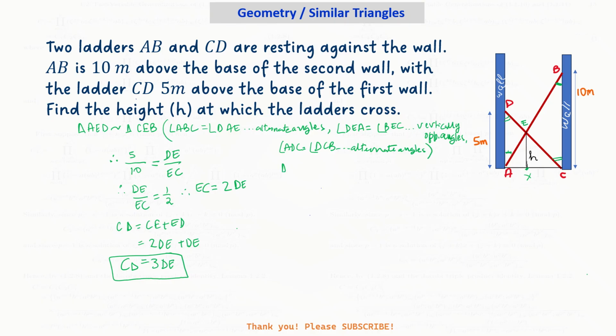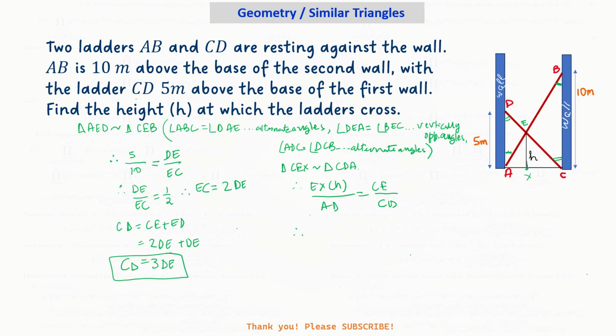So we can say that triangle CEX is also similar to triangle CDA, and therefore you can say that EX or H out of AD is equal to CE out of CD.